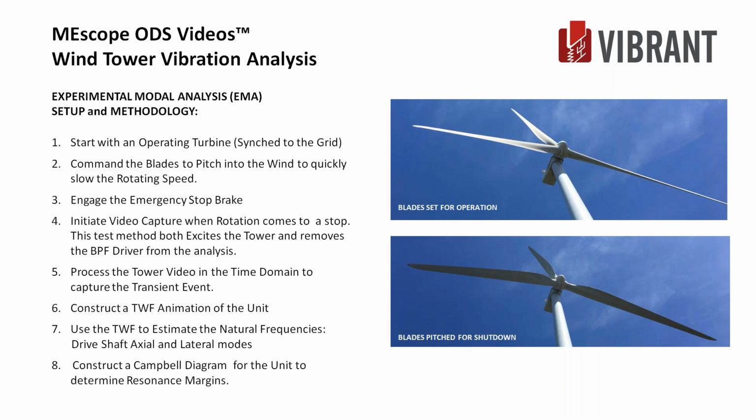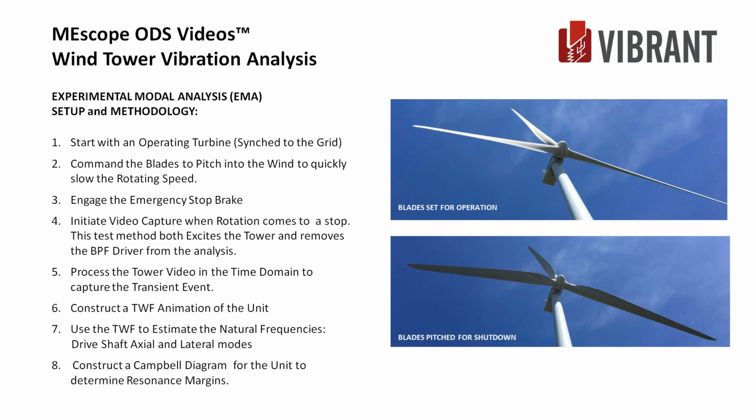We processed the tower video in the time domain to capture the event. We constructed a time waveform animation of the unit, and if we know the scale, in this case, we know that the nacelle is 9.8 feet across, we can get a good estimate of the motion. Okay, and we will get just simple cantilever beam motions in 2 directions, the drive axial direction and the lateral modes.